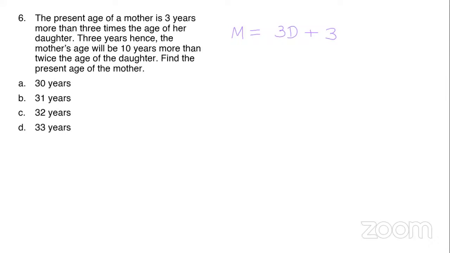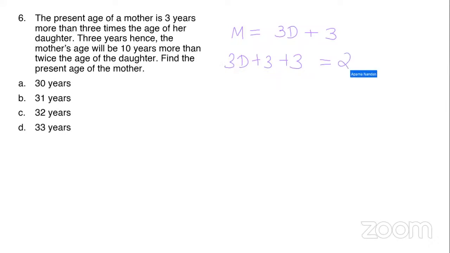Now, 3 years hence, that means after 3 years, the mother's age will be 10 years more than twice the age of her daughter. So 3D plus 3 is the mother's age now, and after 3 years you have to add one more 3. So this will be equal to 10 more than twice the age of the daughter.